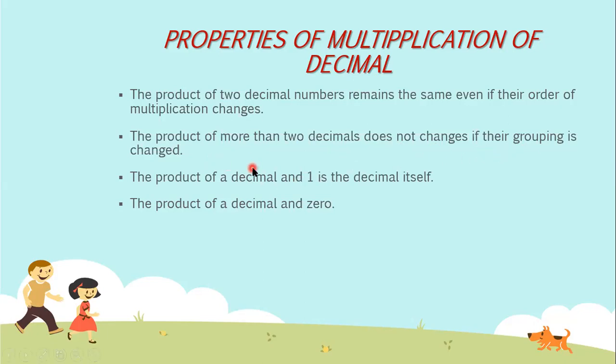If you change the grouping and multiply, it doesn't matter, the product will come the same. The product of a decimal and 1 is the number itself. Any number you multiply with 1, you will get the number itself. Next, any number you multiply with 0, you will get the answer as 0, the product of a decimal and 0. So these are the properties of decimals.